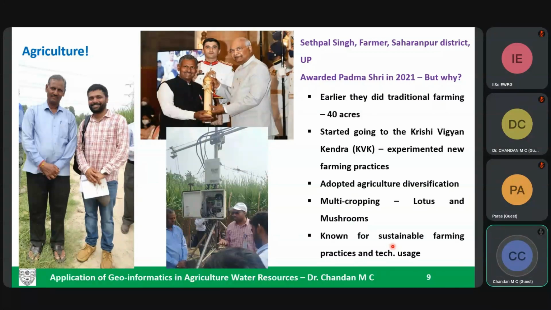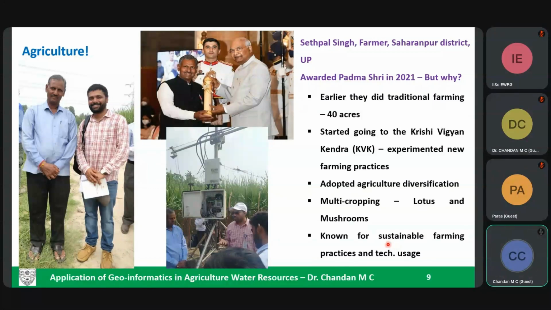Today he is known in that region, and for that matter across India, as the sustainable farming man, because he is practicing sustainable farming practices, organic farming practices, multi-cropping. Not only the cash crop, he also has multi-crops: millets, lotus, mushrooms, rice, sugarcane.